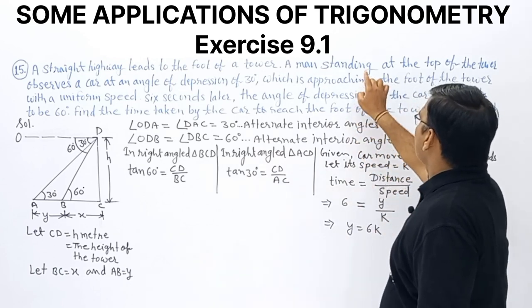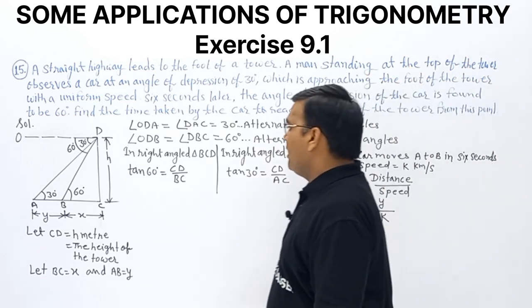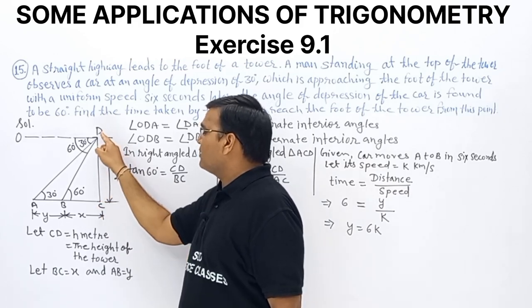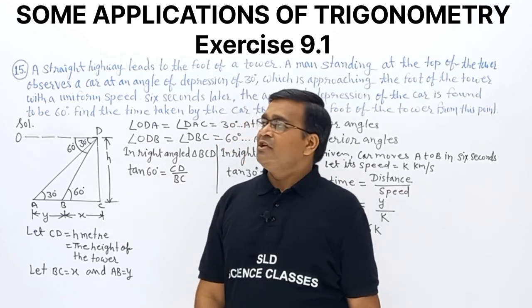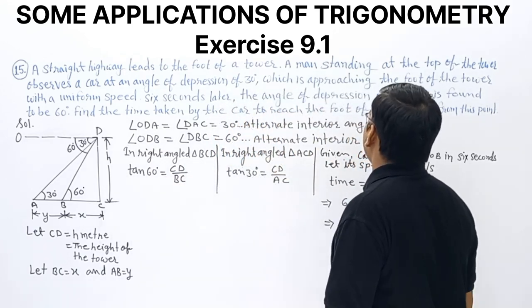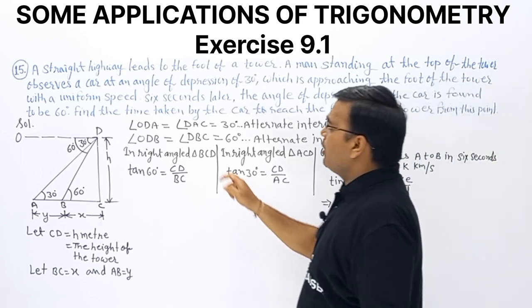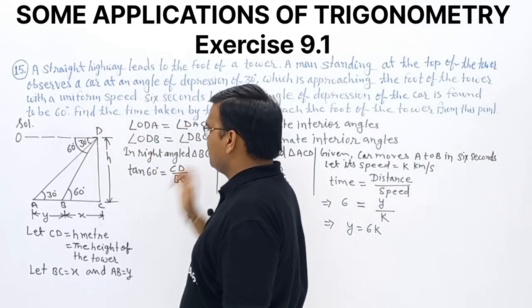A man standing at the top of the tower. This is the tower, its foot is this one, and its top is this point. So a man standing at the top of the tower observes a car at an angle of depression.